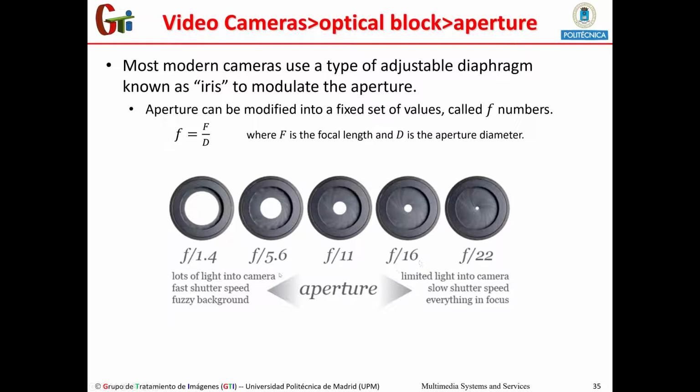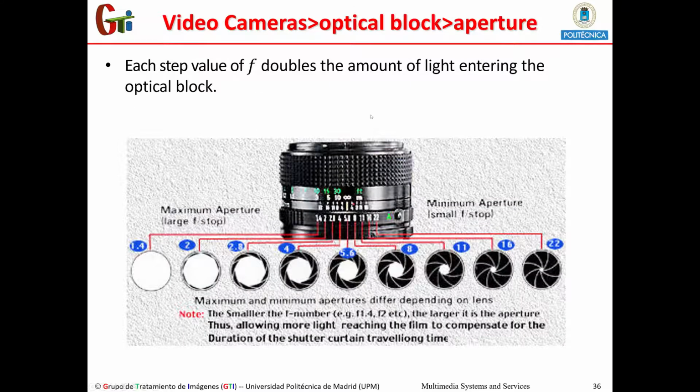well, the precise figures of these f numbers are because they are related between continuous values of f numbers in such a way that continuous values mean that we have the double or the half of the amount of light towards the camera sensor.